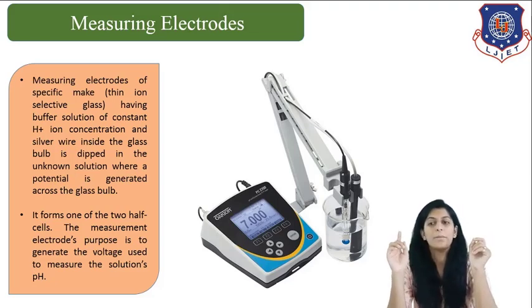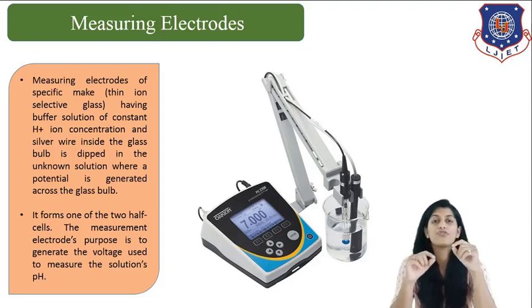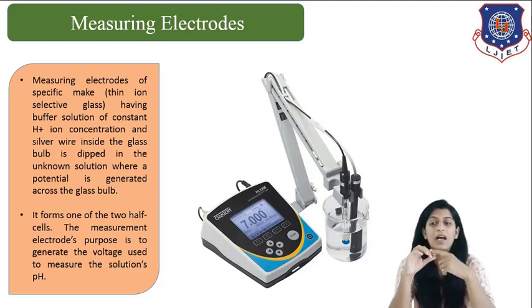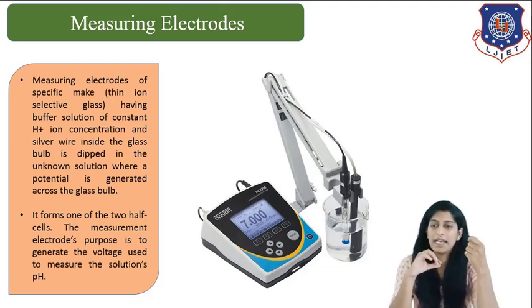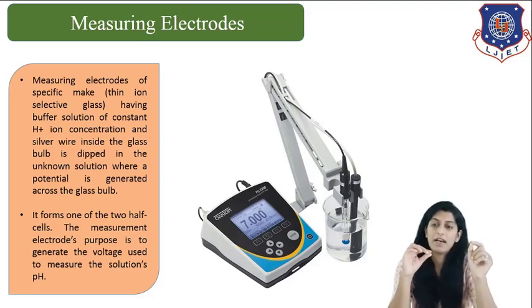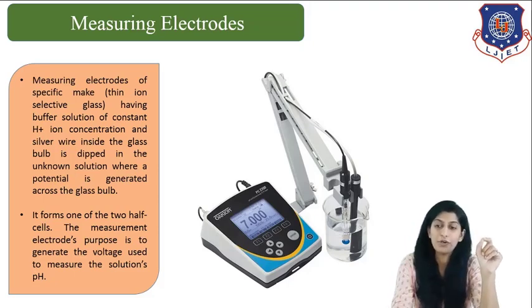Correct. So, the measuring electrode has a buffer solution of constant H plus ion, and it has a silver wire connected to it, which is then dipped into the unknown solution, and there will be a reference electrode which will be kept in the reference solution.